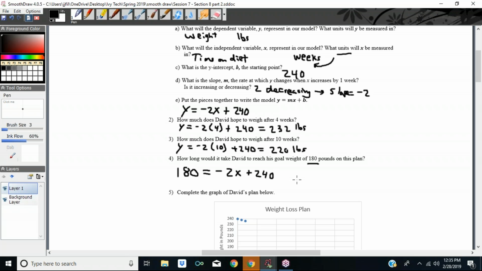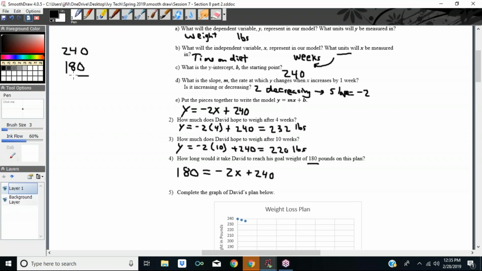Okay, so the first one I'm going to tell you about is we could take 240 and we could subtract 2 and keep doing that until we got to 180 pounds. And we count the number of 2's that we subtracted, and that would be the number of weeks. But that would be kind of long to do. Another thing we could do is we could say, okay, he weighs 240 pounds, and he wants to get to 180.